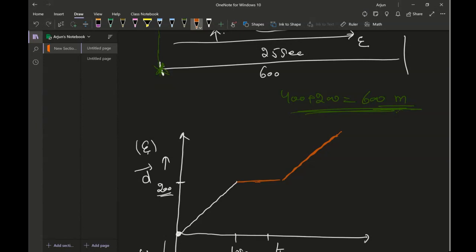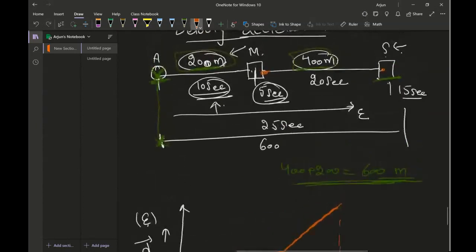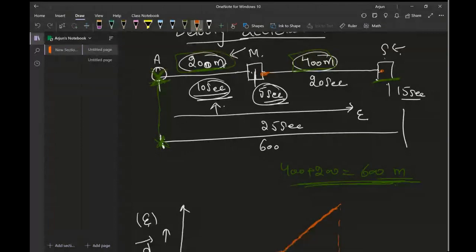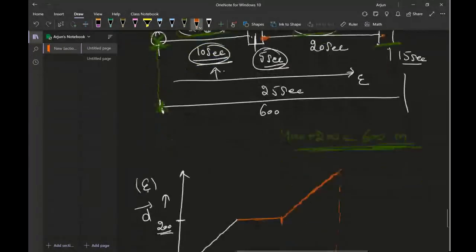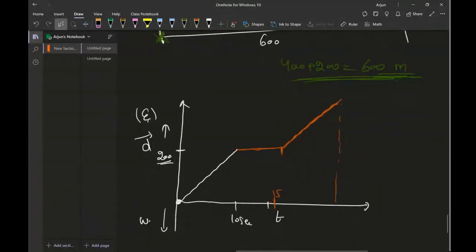Okay. And if this point was down here, I'll mark this point as 15, and then this point down here will be 15 plus 20, that will be 35 seconds.